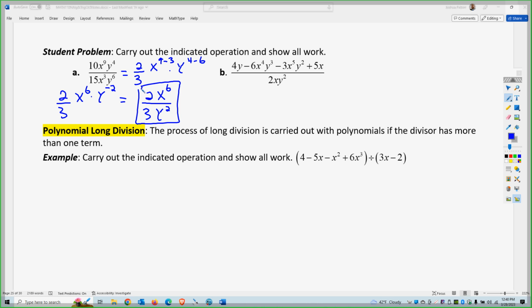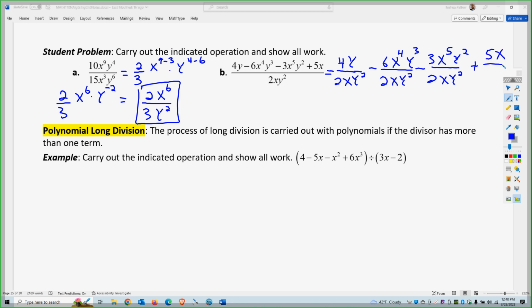Okay, so the next one, divide every term by the 2x y squared, so 4y over 2xy squared minus 6x to the fourth y to the third over 2xy squared minus 3x to the fifth y squared over 2xy squared, and then finally plus 5x over 2xy squared.